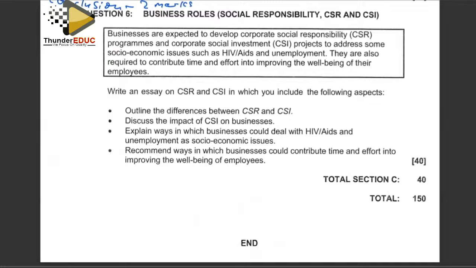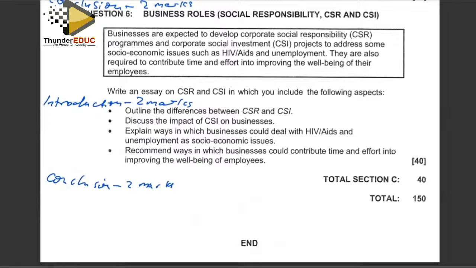So what you must actually do here is to come up with the introduction, then also the conclusion. So now remember, under our introduction, we are working for 2 marks. Also conclusion, we are working for 2 marks. Okay, right. So now under introduction, you should define corporate social responsibility.